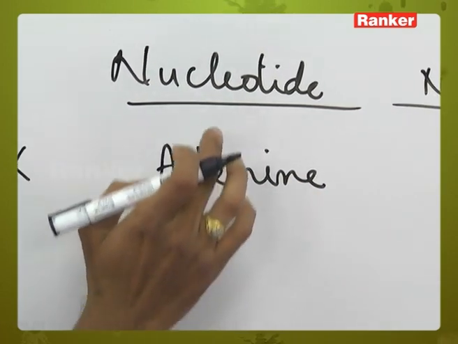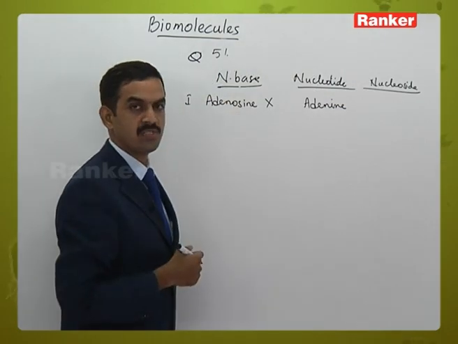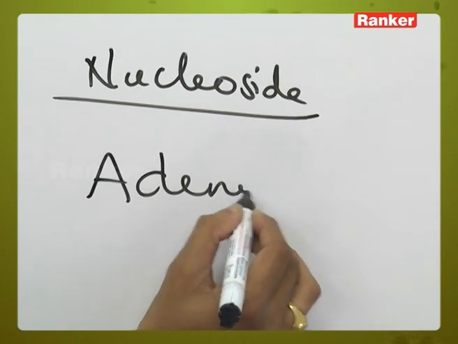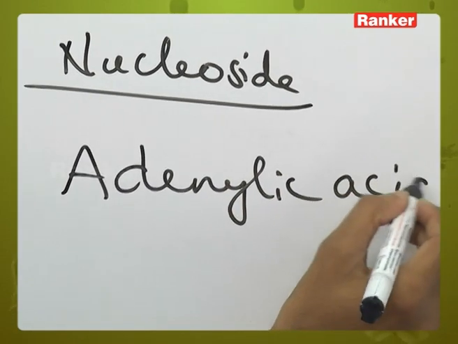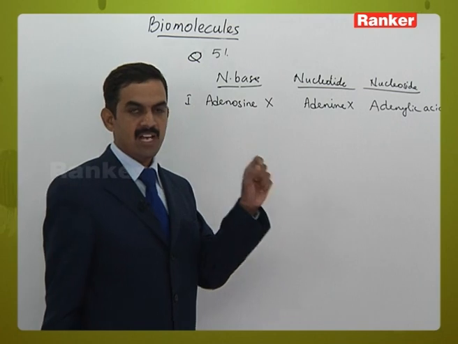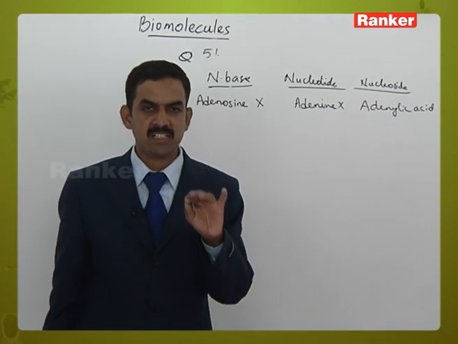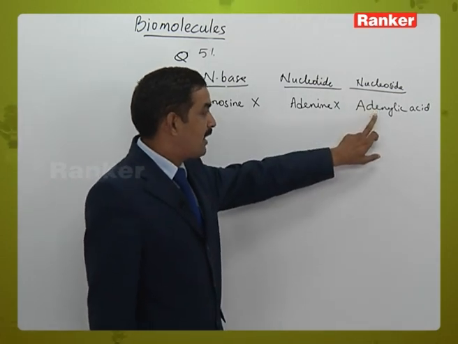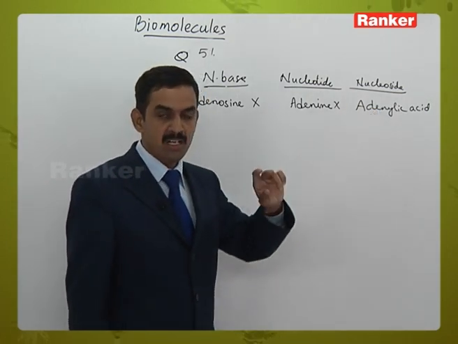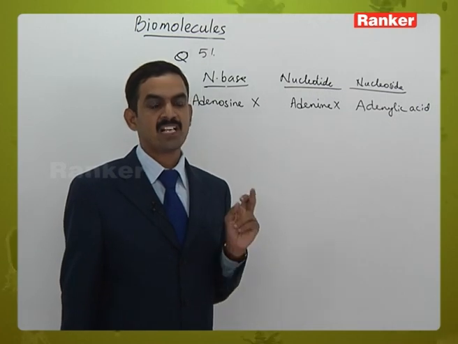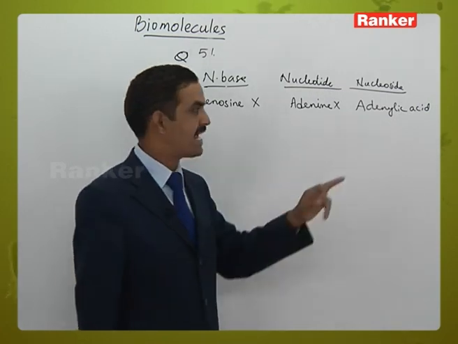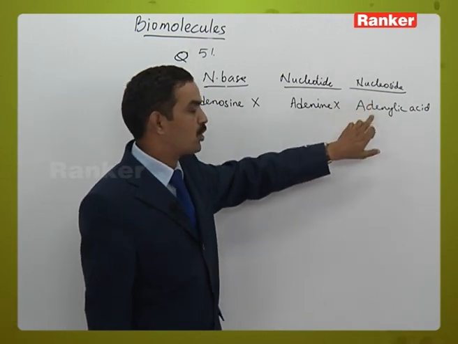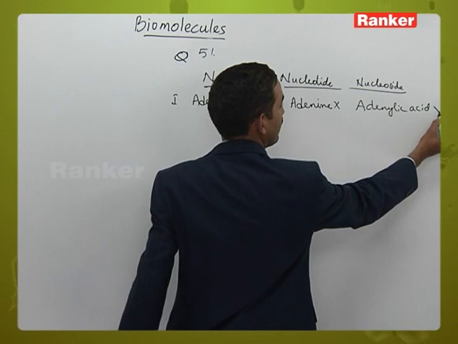Actually adenine is not a nucleotide but it is a nitrogen base. So this is also incorrect. Adenylic acid. We are saying acid. Adenosine plus phosphoric acid is equal to adenylic acid. So adenosine is a nucleoside, plus phosphoric acid that forms a nucleotide called adenylic acid. But in this question they had given it under nucleoside. That means it is also incorrect.